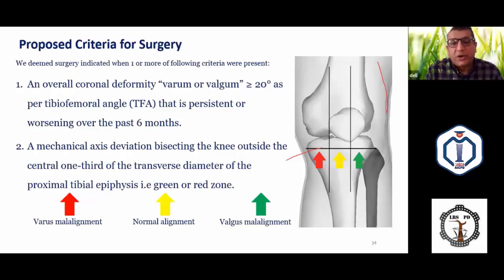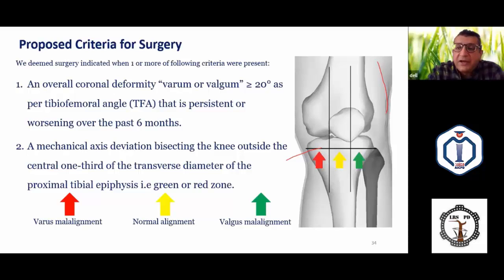The patient is healed. You cannot operate on patients with active rickets. And his deformity is either worsening or at least persistent over the 6 months prior to your decision.